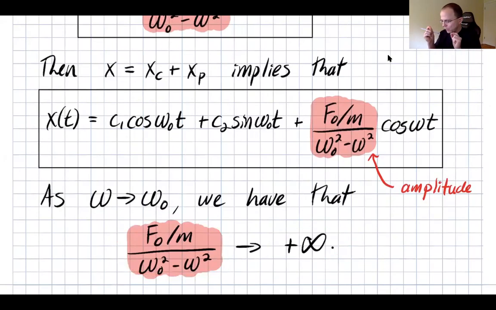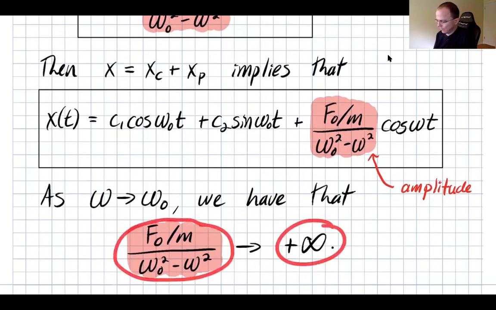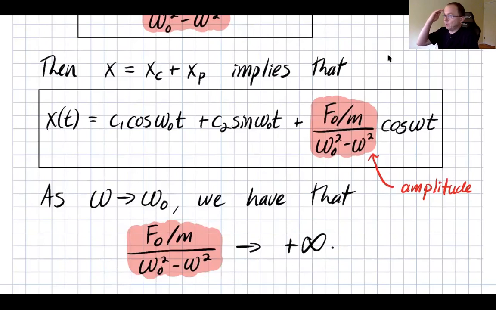So the closer you get to omega naught, what's happening is this denominator is going to 0. And when you divide by smaller and smaller numbers, you're getting larger and larger numbers. So this thing is going to go to plus infinity. I mean, it'll never be plus infinity, but it just tells you, as you get closer and closer to the natural frequency, bad things will happen.